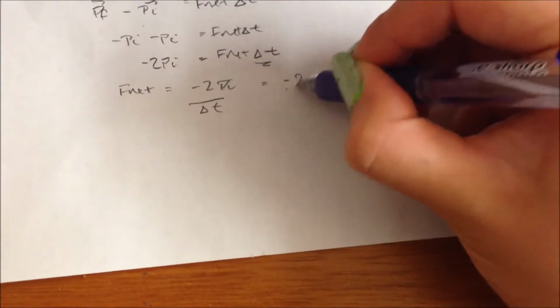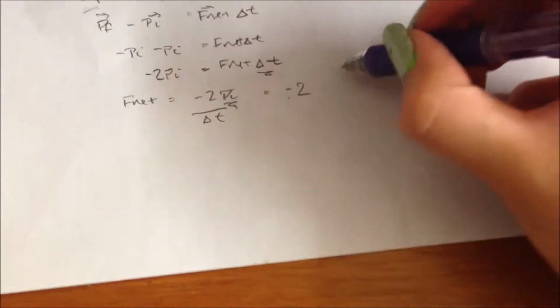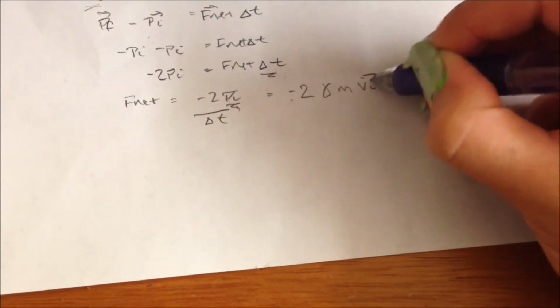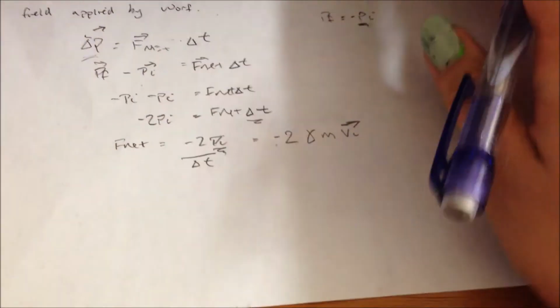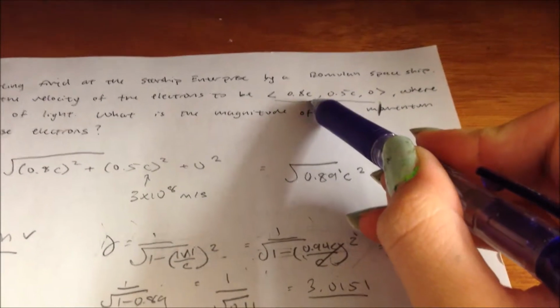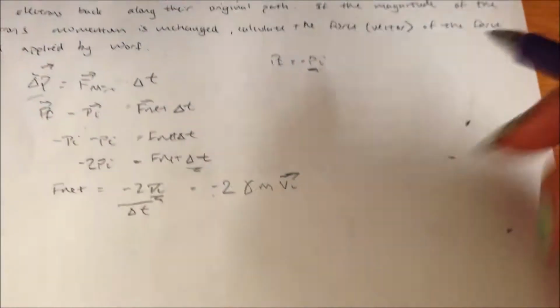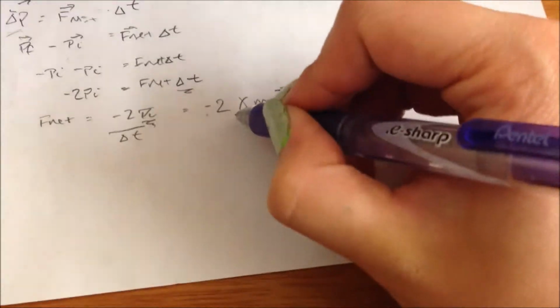And you know that the initial momentum can be calculated using gamma times mass times the initial velocity, which was given to us in the beginning of the problem to be 0.8c, 0.5c, and 0. So over here we're going to plug in all of the values we know.